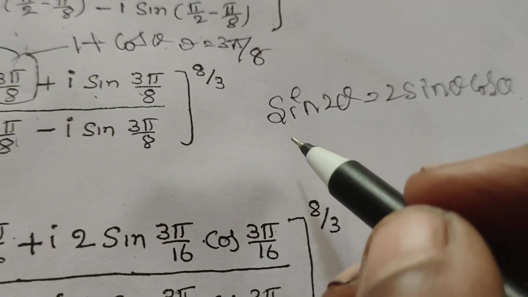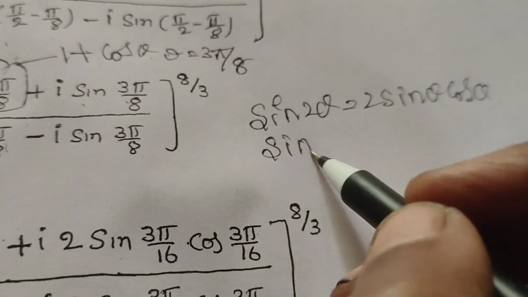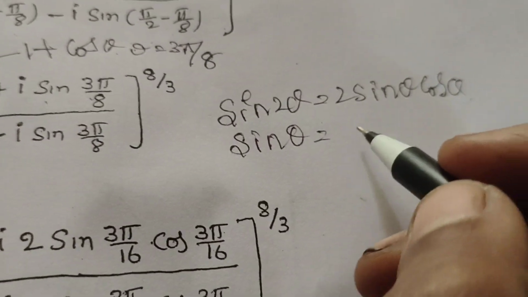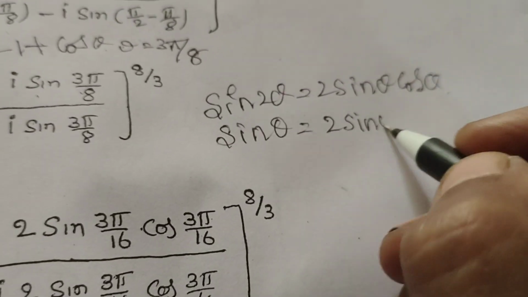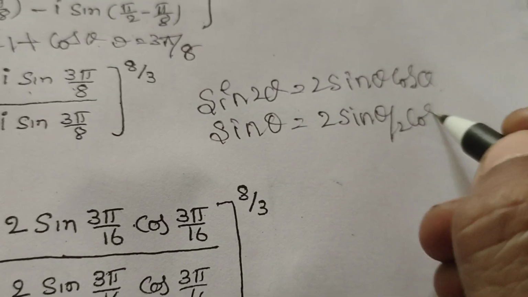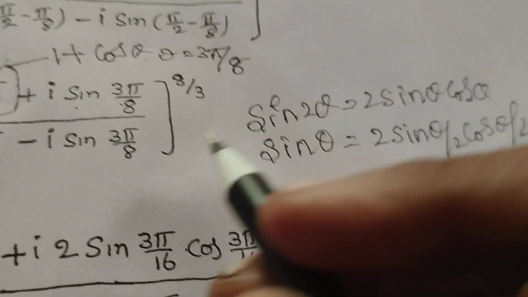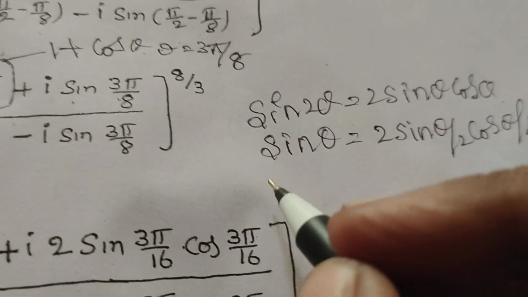We want sin θ, so sin θ equals 2 sin(θ/2) cos(θ/2). Here the angle is 3π/8.